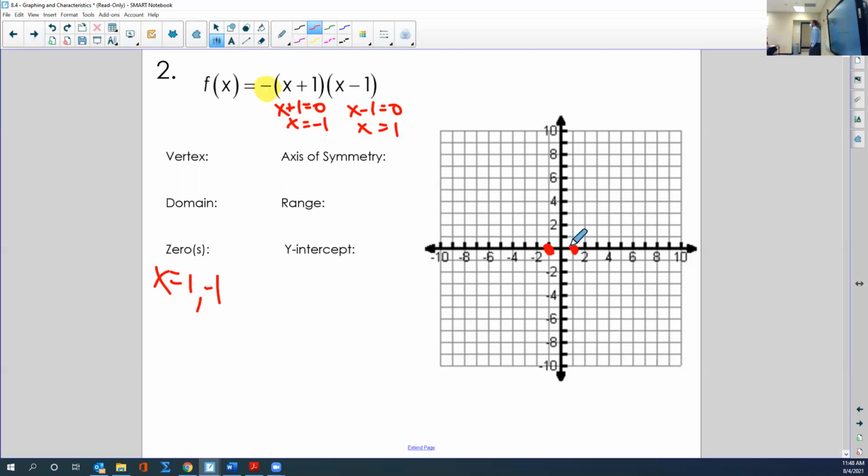Okay, one thing that you should recognize from this is that all parabolas are symmetric about the axis of symmetry. Therefore, if we split that down the middle, our axis of symmetry is x equals 0. Okay, because that's directly in the middle of those 2 points. Therefore, our vertex must be at 0, something.